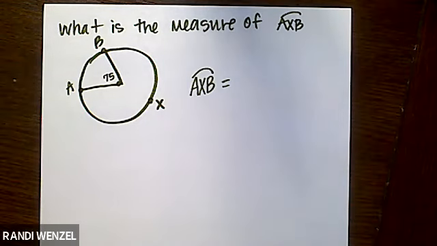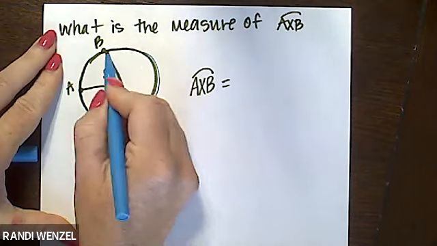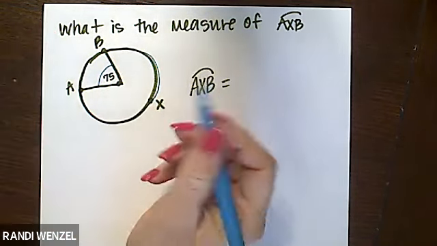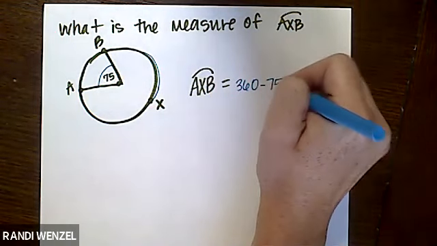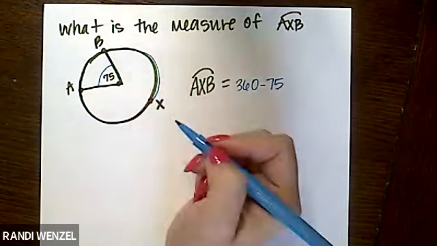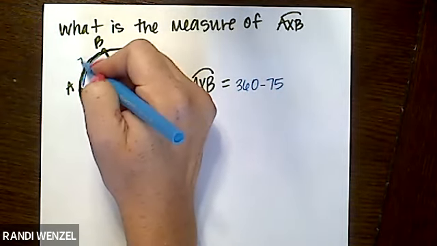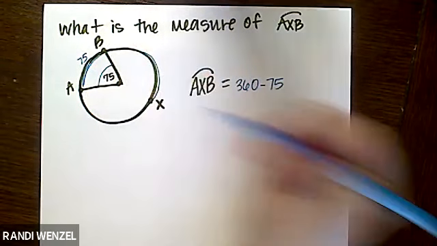So AXB is the major arc. So it's from here through X to here. So this outer part, we're given the central angle. So this is another one where you have to do 360 minus 75 because we're trying to find the outer, the bigger one, and we're given the smaller. Remember, these are equal. So like AB is 75 because these angles match. So we just need to do 360 minus 75.